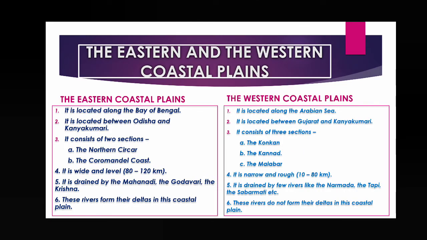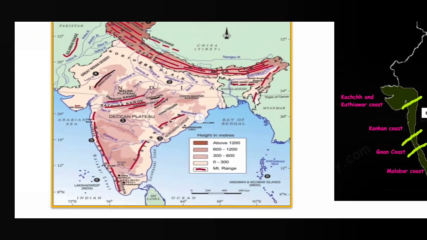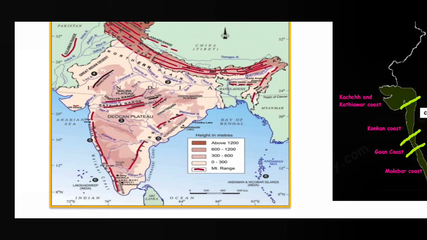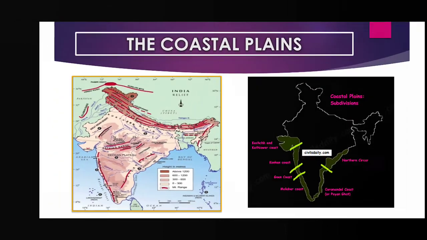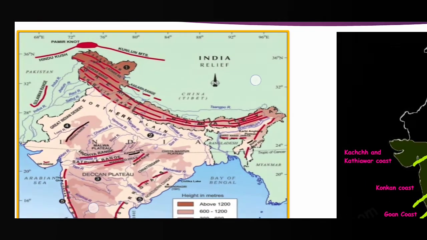And it is drained by the Mahanadi, the Godavari, and the Krishna rivers. So let us see this. Take a look, this is the Mahanadi river, this is the Godavari, this is the Krishna river. So these are present along the eastern coastal plain. And the western coastal plain is drained by a few rivers like the Narmada, the Tapi, and the Sabarmati. So let us find them.